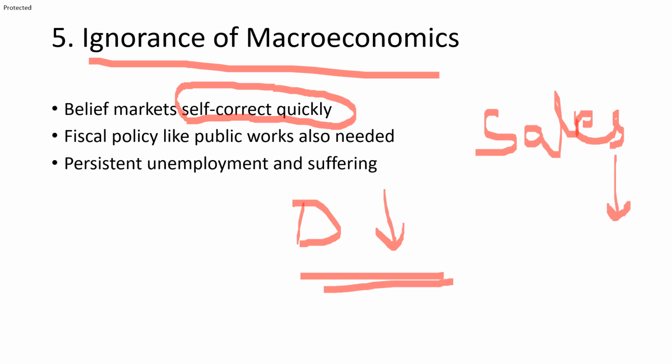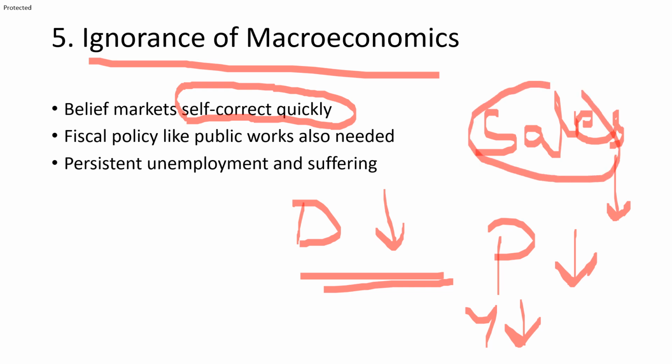When the sales go down, the production goes down, which means lesser production, lesser income, and when the income is less for the factories and the industries, they start laying off the workers. So employment goes down. There will be high unemployment. So that's the cycle. Sales and demand are extremely important.